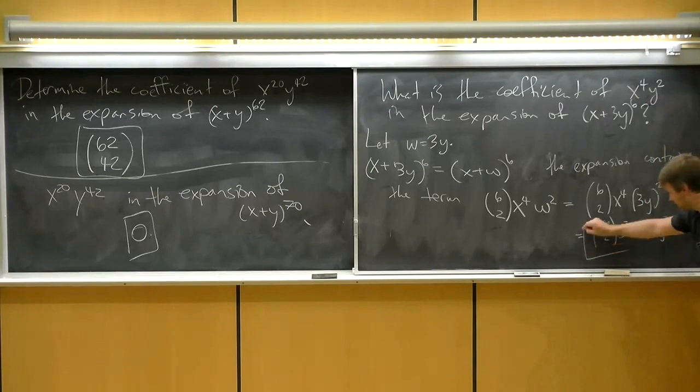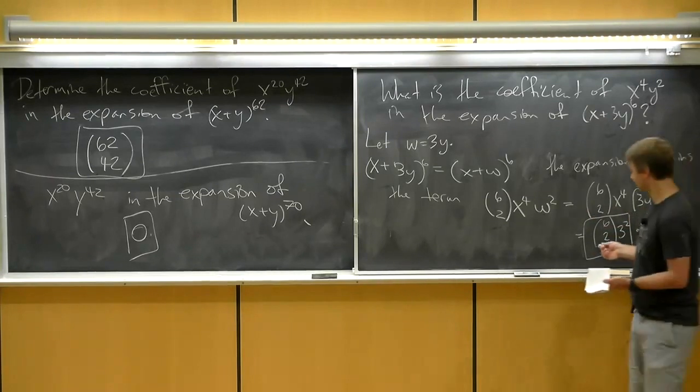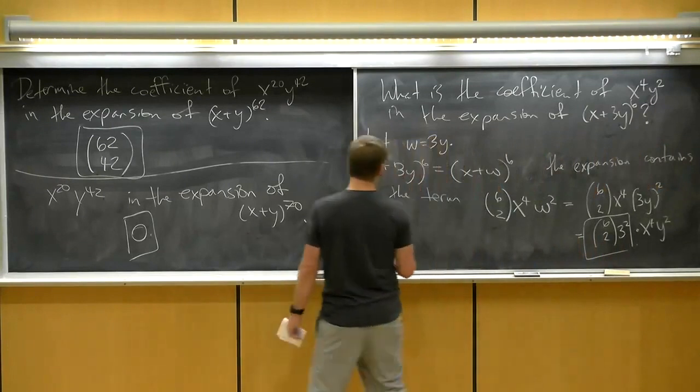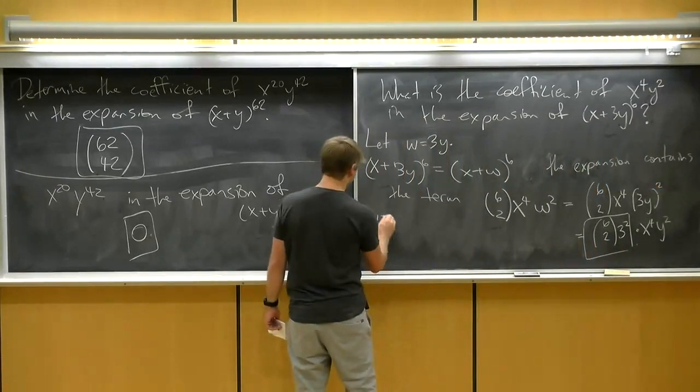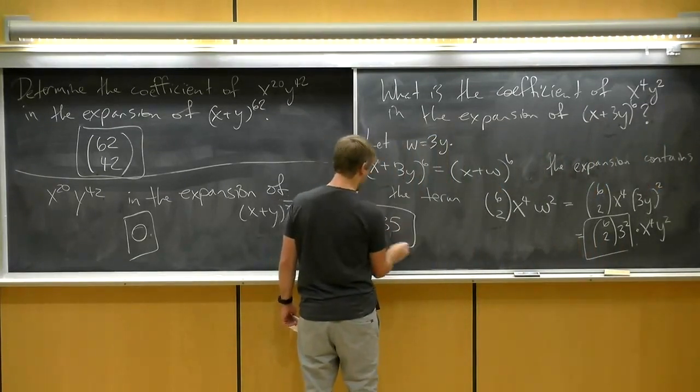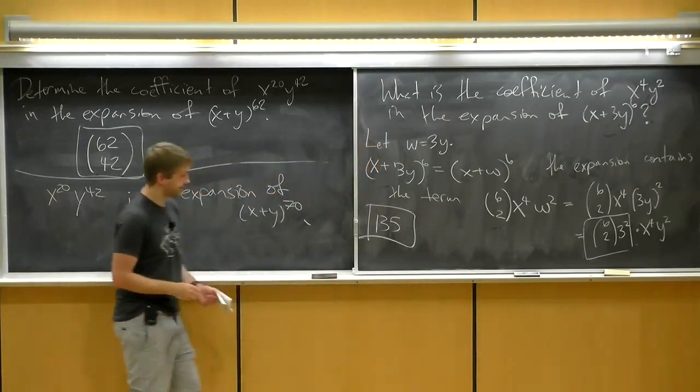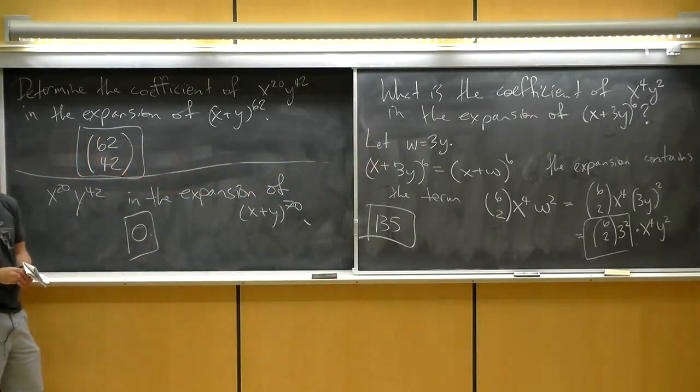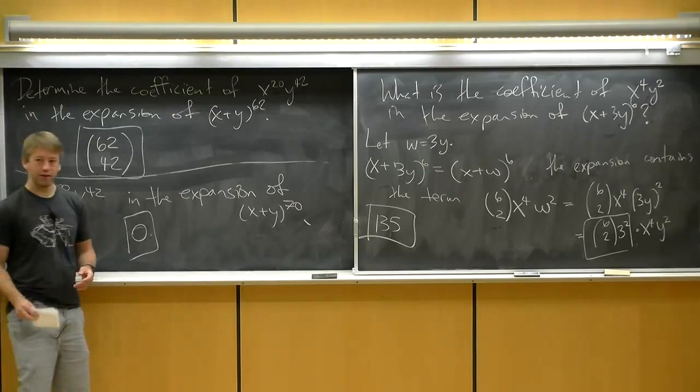And so then this is your coefficient: 6 choose 2 times 3 squared. So 15 times 9, I think, which would be 135, I think. Yeah.